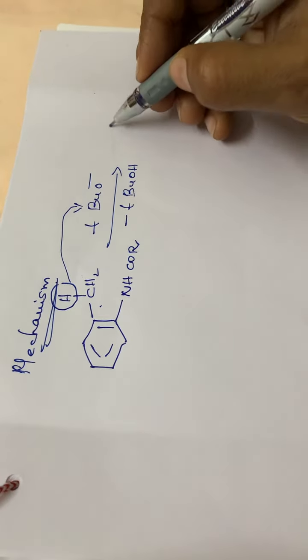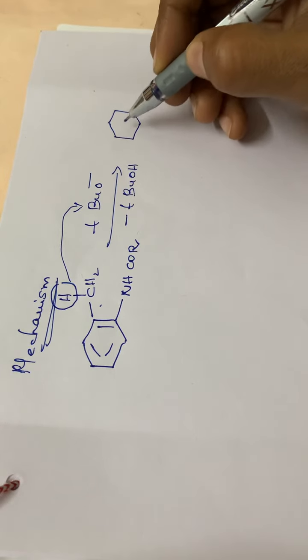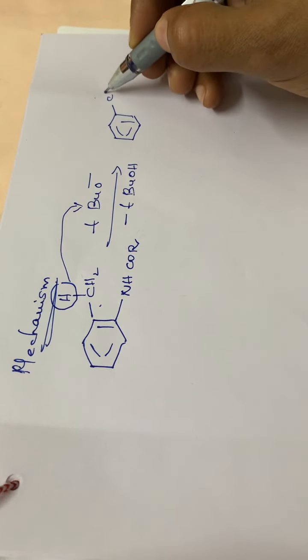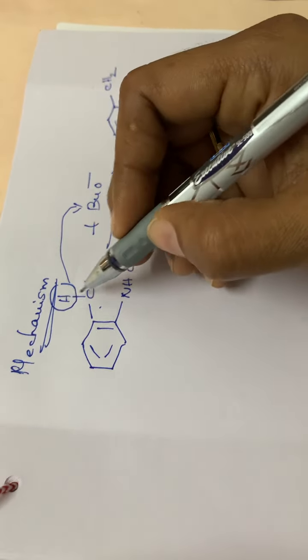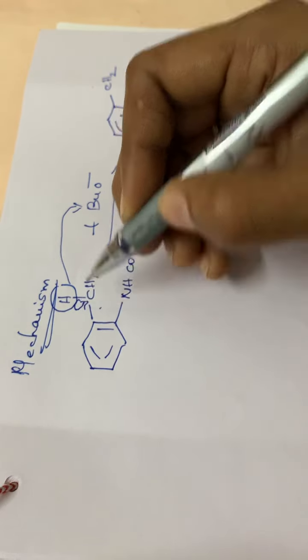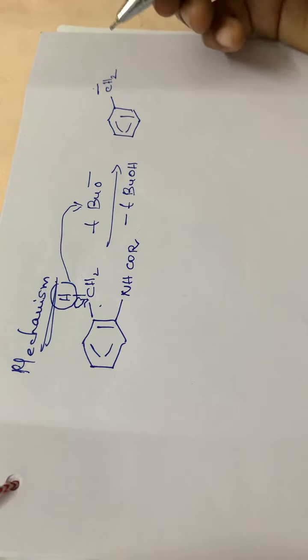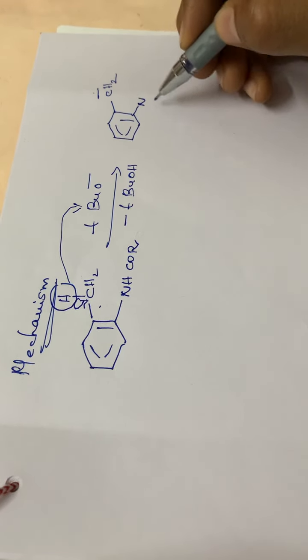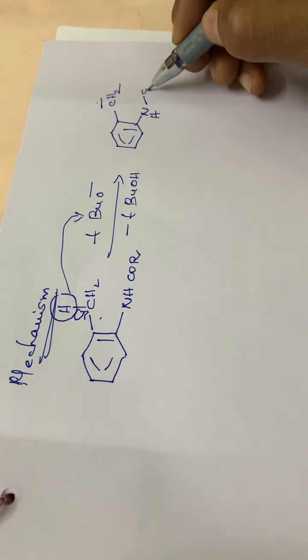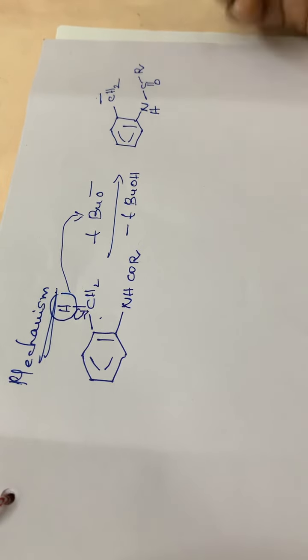So we will be getting like this, C6H5, then single bond CH2. So this electron pair will be shifting to this carbon atom. So this carbon will be getting a negative charge, then NH, then C double bond O R.